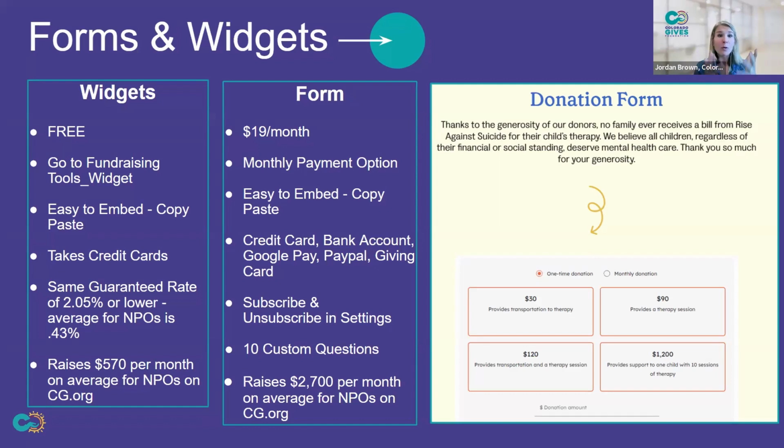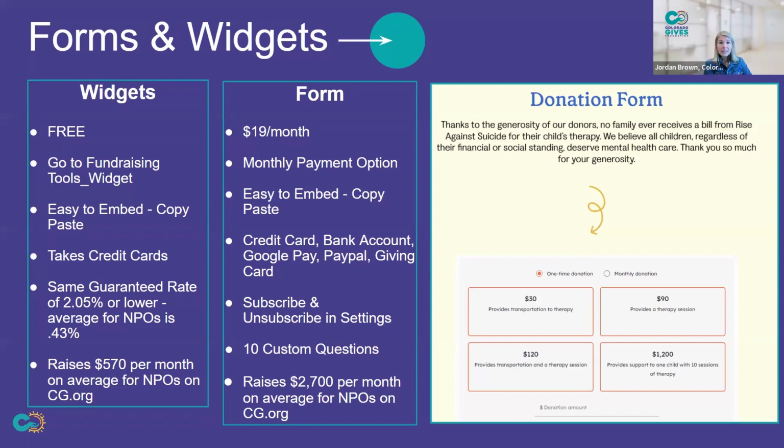So incredible savings by leveraging the Colorado Gives widget or form. And then we typically see around $570 per month come through, and that's on average, for all the nonprofits using these widgets across Colorado Gives.